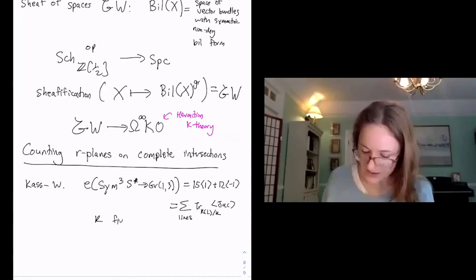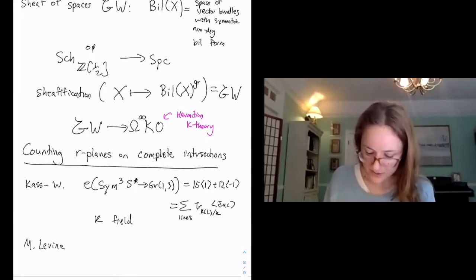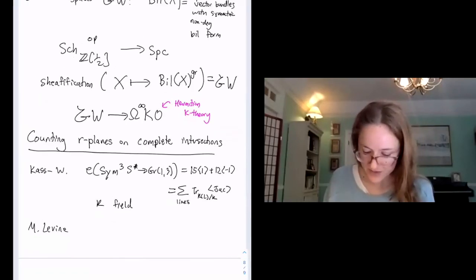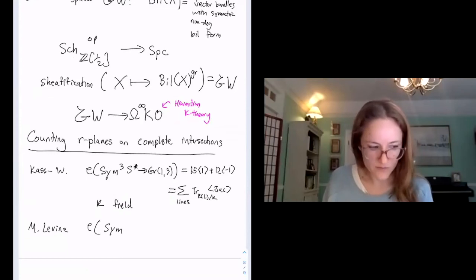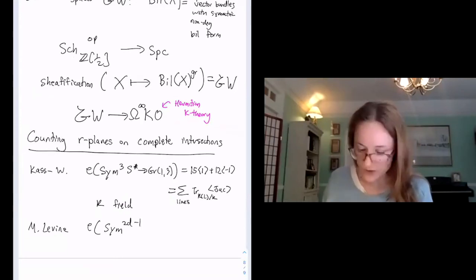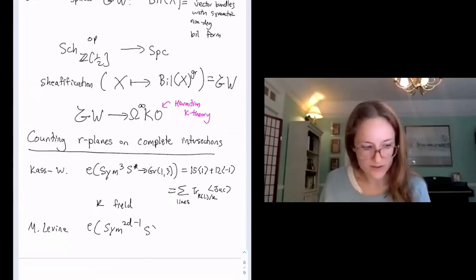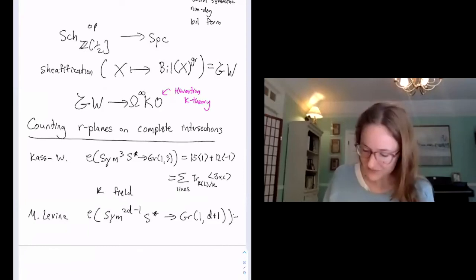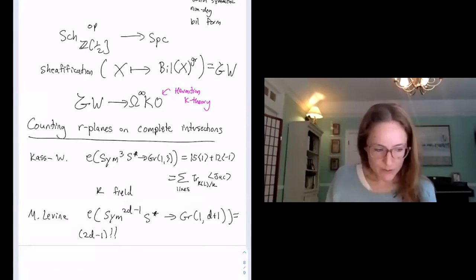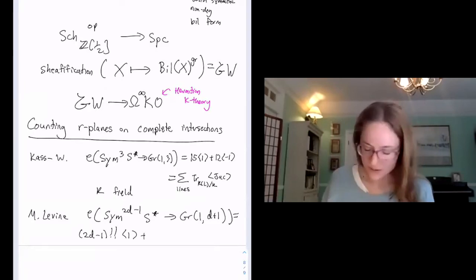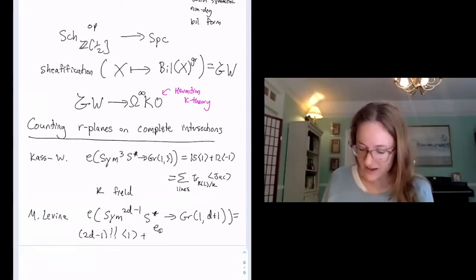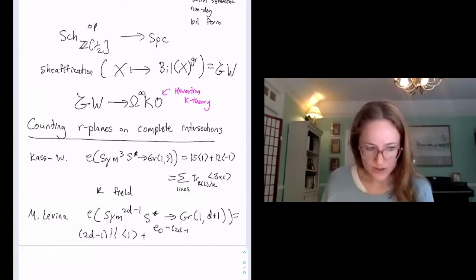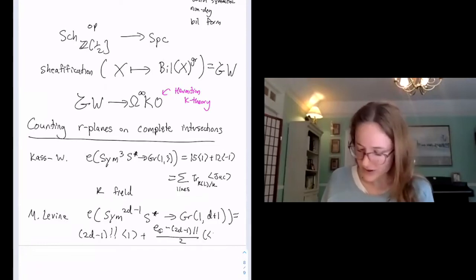This is for K a field. And Marc Levine developed a theory of bit-valued characteristic classes and computes that the Euler number of Sym^(2d-1) of S dual counting lines on P^(d+1) is (2d-1)!! plus a multiple of H, and the multiple of H is designed to make EC, the Euler number of complex points, minus (2d-1)!! over 2 times this hyperbolic form.